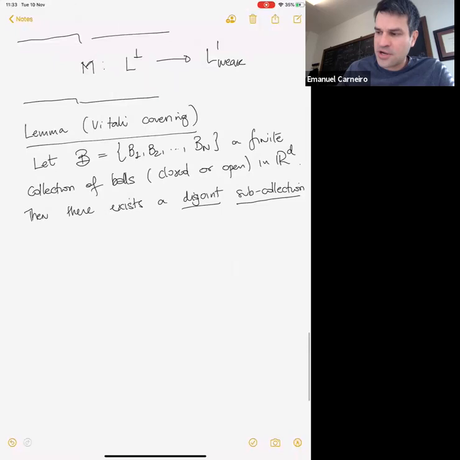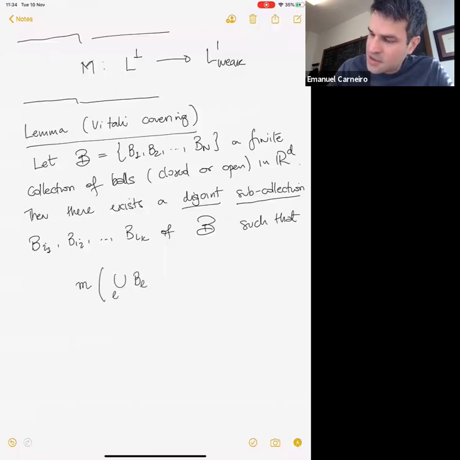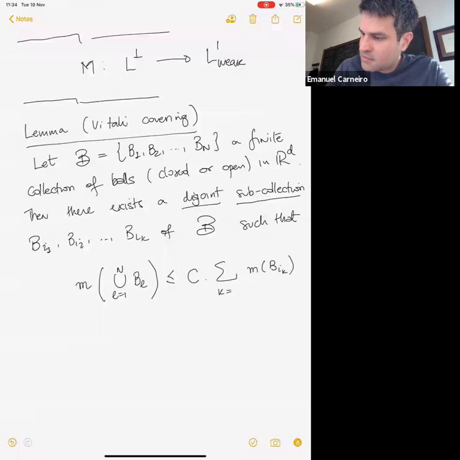I claim that there is always a disjoint subcollection of those balls, let's call B_i1, B_i2, up to B_ik of this collection B, such that these disjoint balls cover a considerable part of the whole set.